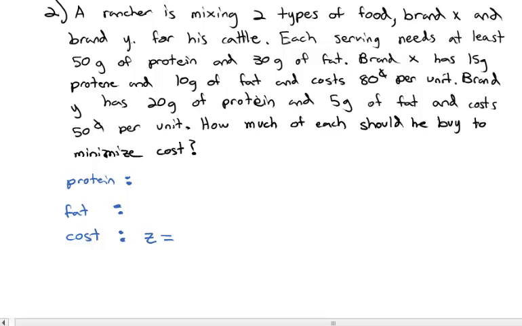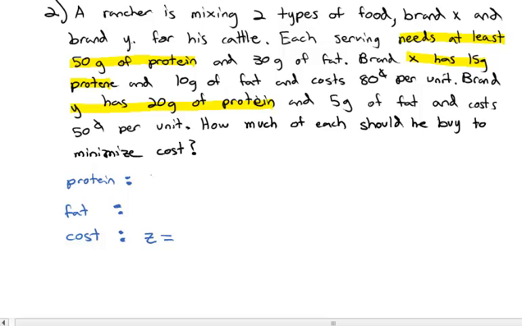So let's look at our limitations on protein. We need at least 50 grams of protein. And brand X has 15 grams of protein, and brand Y has 20 grams of protein.